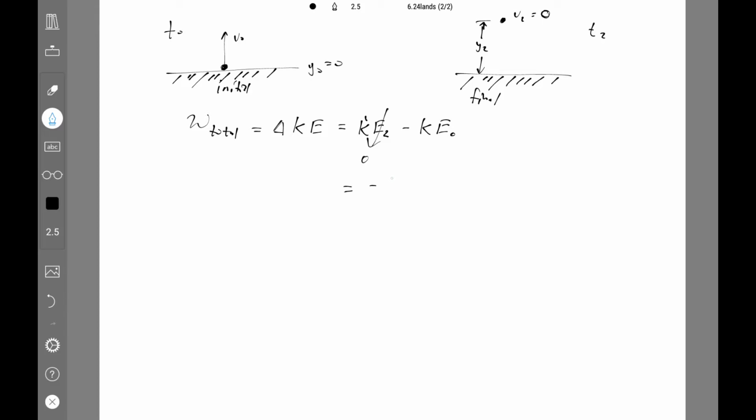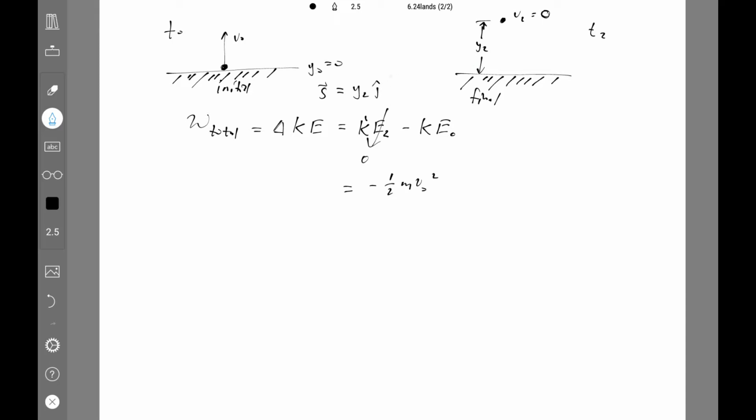So the kinetic energy, 1/2 m v2 squared, is 0. So on this side I just have 1/2 m v0 squared, which I know. I didn't calculate m, hopefully it drops out. And the work total, so the displacement vector is going to be y2 j hat in this case.